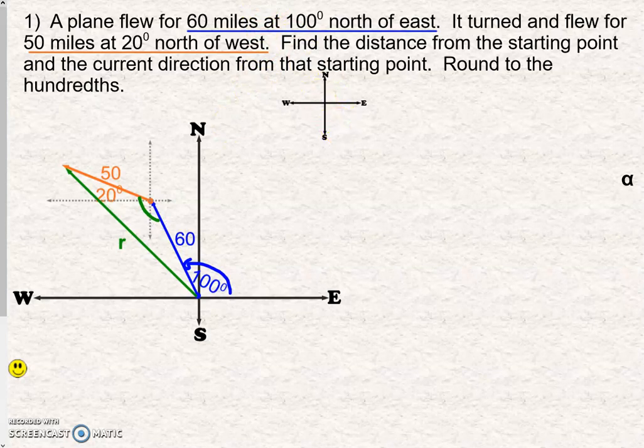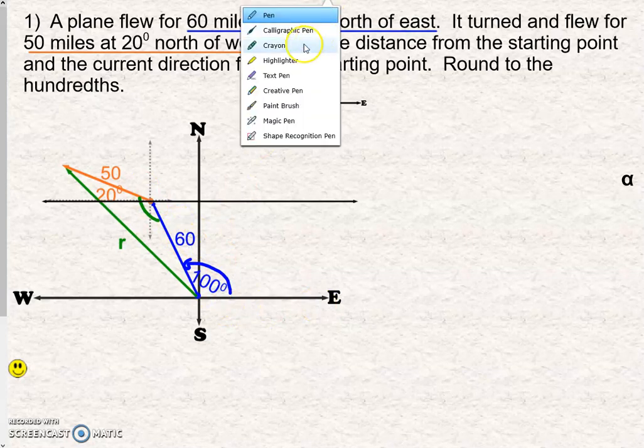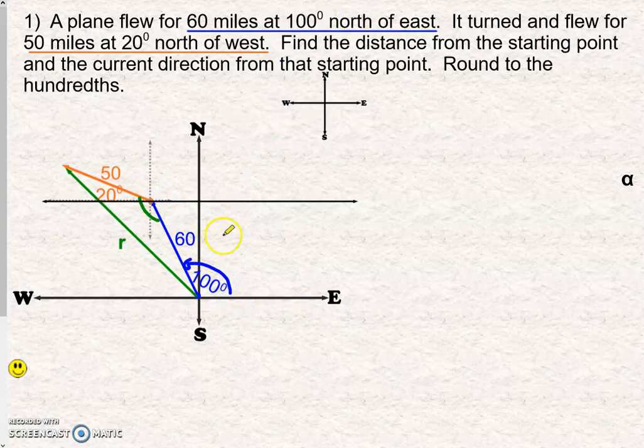First of all, does everybody realize that this dotted line right here is parallel to this, I'm going to call it x-axis, that these are parallel? And if this angle right here is 100 degrees, what's this angle right there, going from the blue line to the black horizontal line?